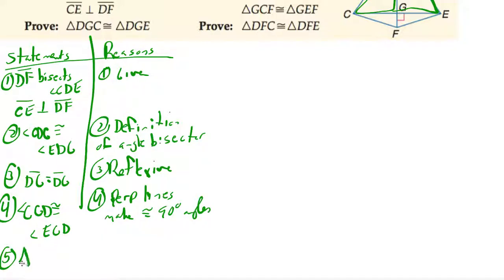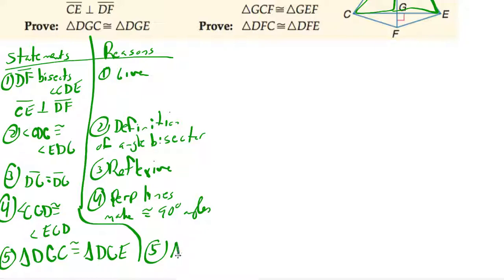We have triangle DGC is congruent to triangle DGE, and the reason for that, running out of room here, is going to be angle, side, angle.